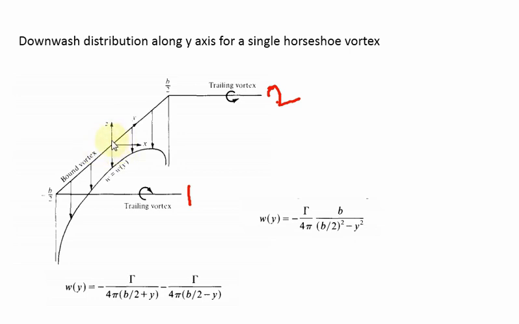This is my origin point, and my total length will be b. From the origin this is b/2 and this is again b/2. So this is the minus direction, minus b/2, and here the positive direction, b/2.